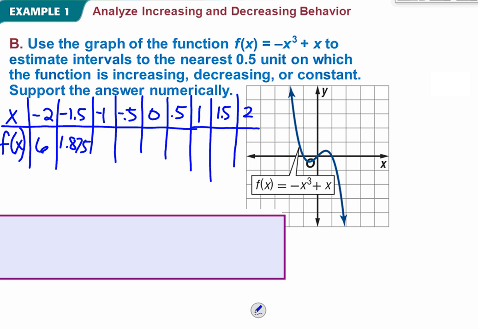Then go second table or graph. And now you should just have them there. I think this one is a value at -0.5. -0.375.